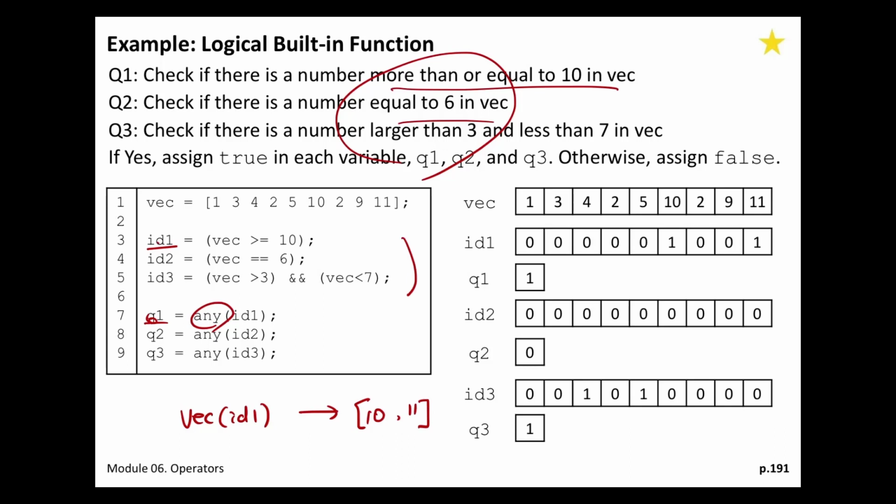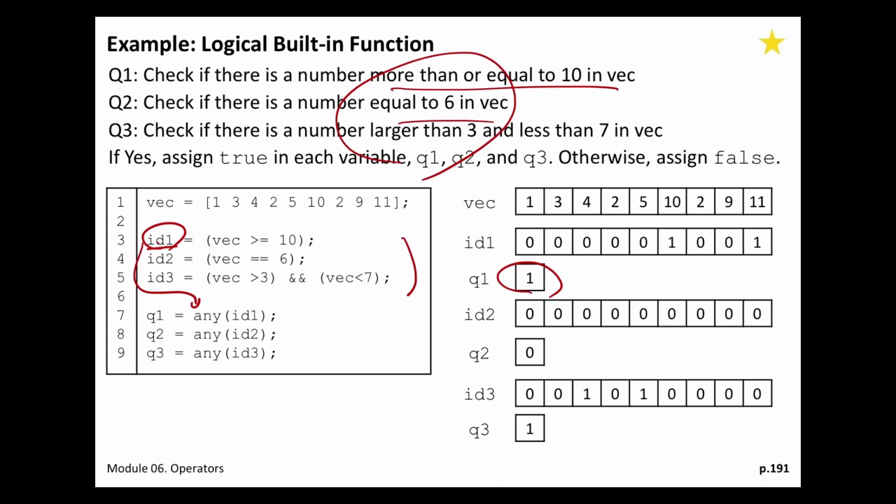But this question is asking you, is there this number or not? In this case, we can directly use this logical vector and put it in the any function. The any operation checks whether there is at least a 1 in the logical input vector, and that gives you true, otherwise false.